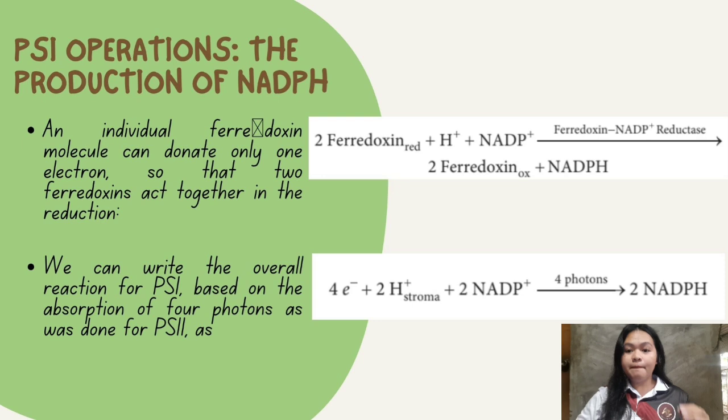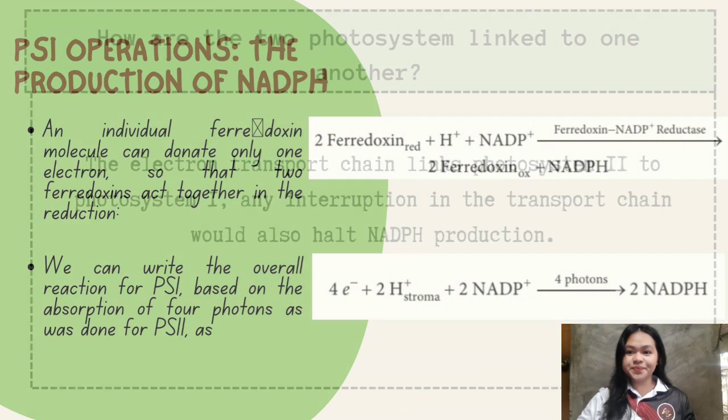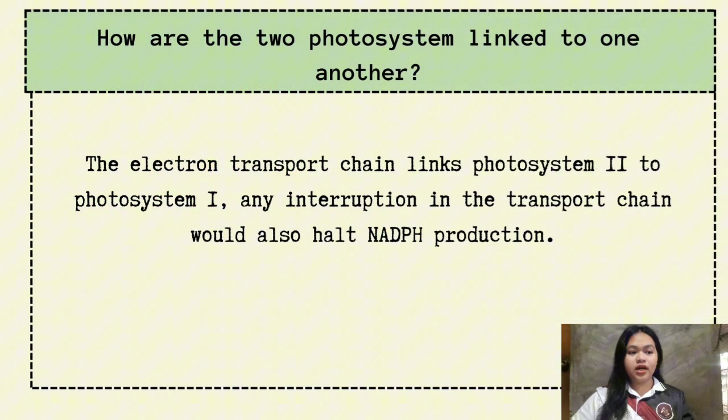And then si plastocyanin yung magdadala ng electrons papunta sa photosystem 1 para makapag-produce ng NADPH. Before we end the first topic, may question dito which is how are the two photosystems linked to one another? The electron transport chain links photosystem 2 to photosystem 1. And interruption in the transport chain would also halt NADPH production.